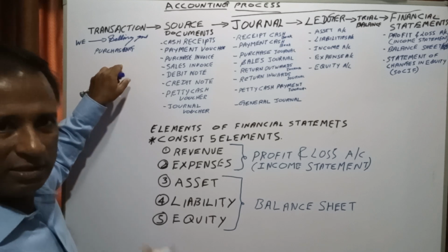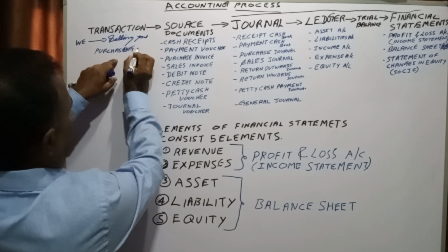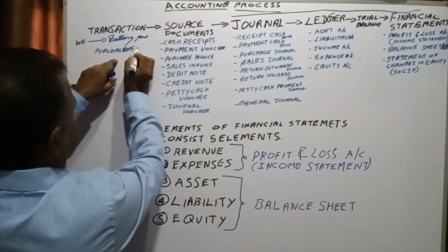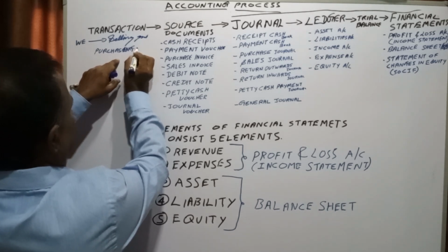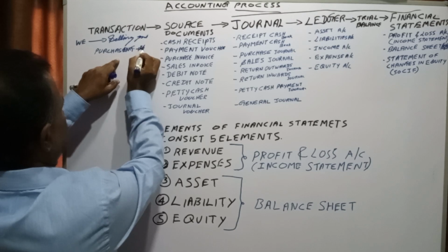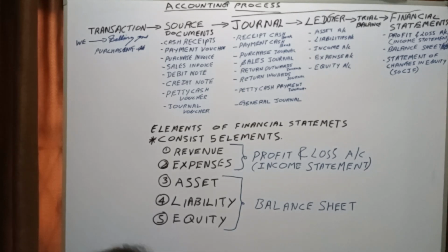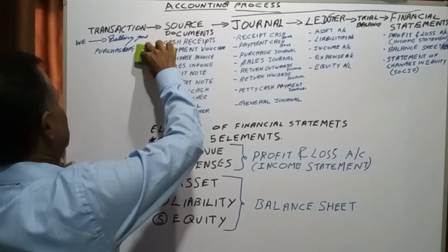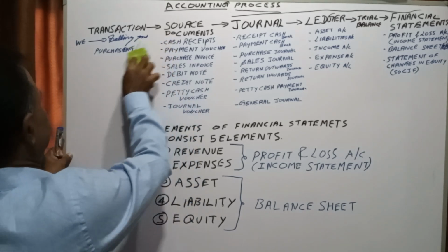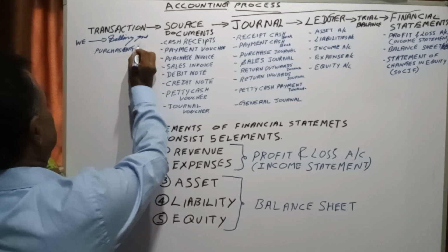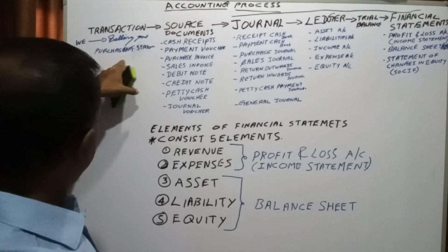We are purchasing. That is the purchasing activities. We are purchasing the stationery. Purchasing the stationery, that is the transaction.